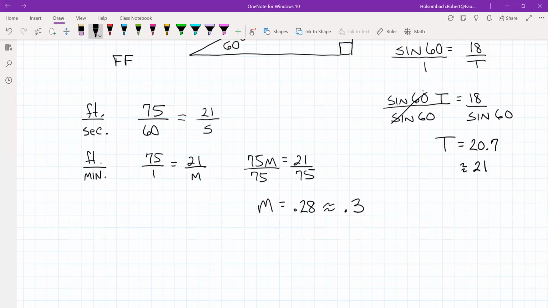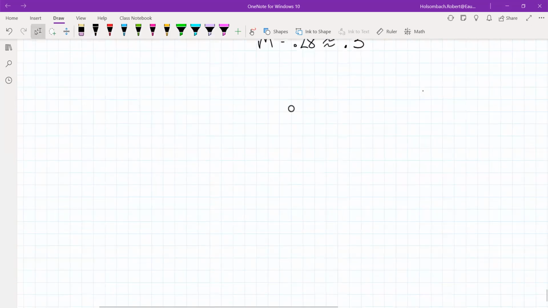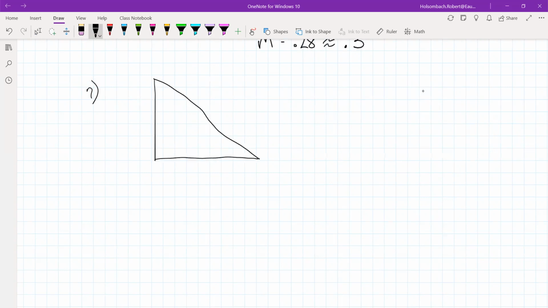All right, number 7. Nothing but triangles for the rest of the study guide. We've got this left side that's X, we've got a 40-degree inside angle, and we've got the side opposite the 40 is 10.